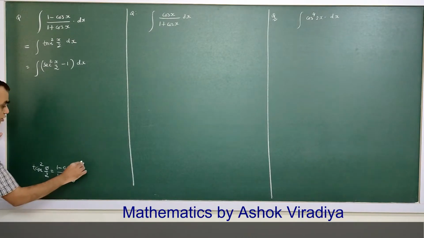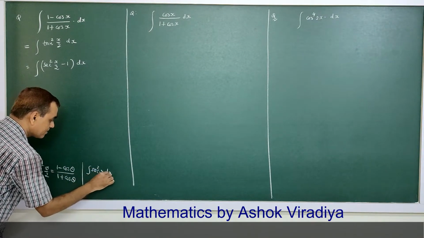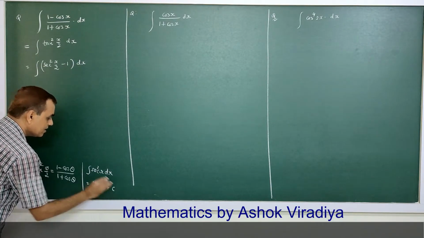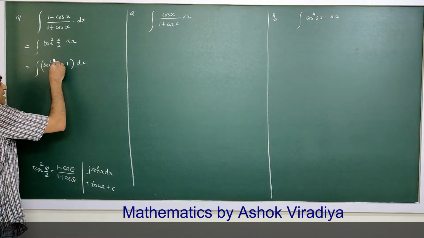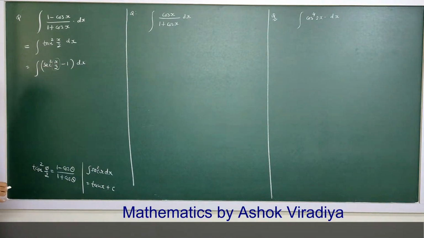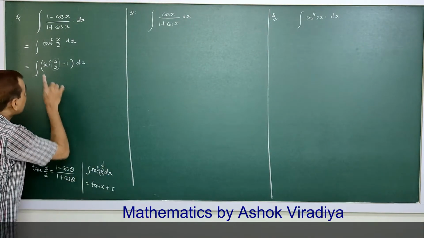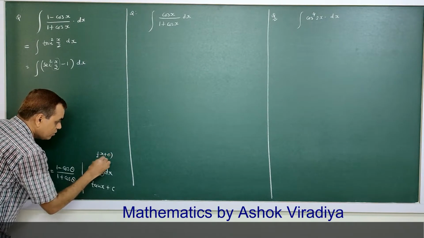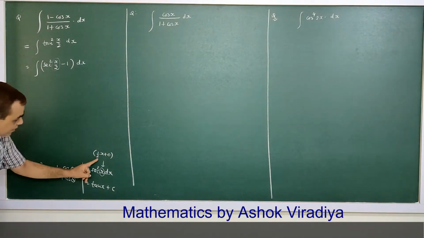Now in the list of formula, integral of sec square x is tan x plus c. So here in place of x, we have x by 2. X by 2, that is 1 by 2 times x plus 0 can be considered.